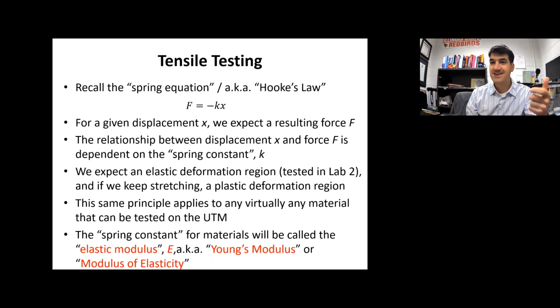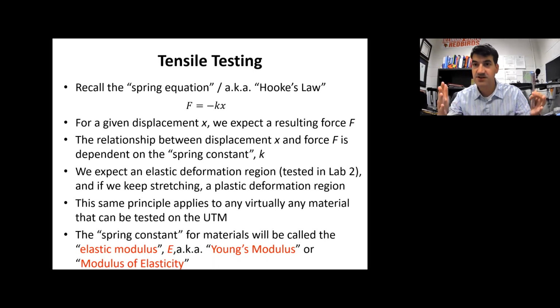So you can do the exact same thing with any material in a certain region of tensile testing. And we'll talk more about that in just a little bit. But that's why we do Lab 2, because every material that we're going to test, that you could test, behaves to a certain extent exactly like a spring.